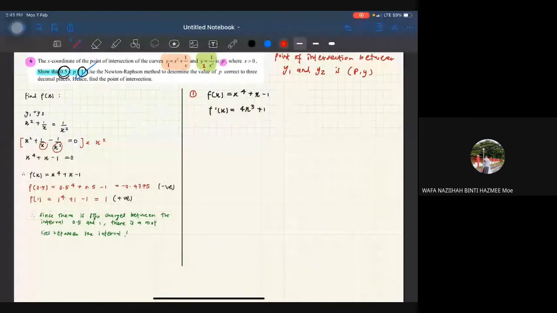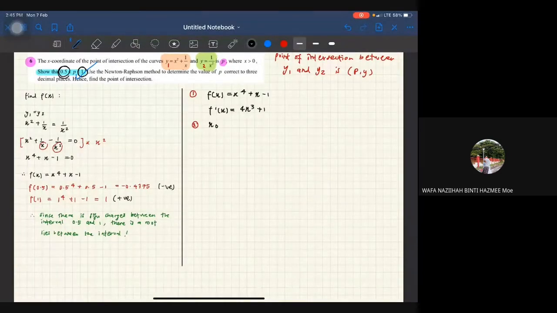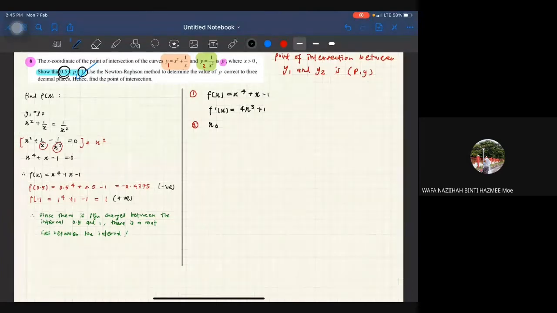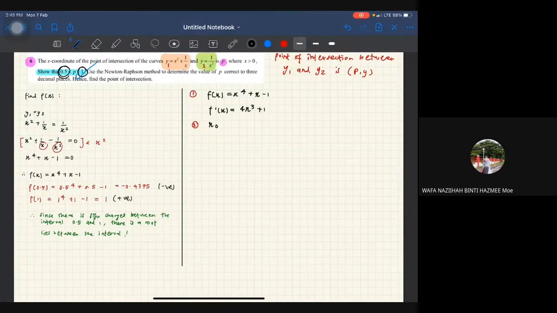Alright, so second step. Awak mesti ada x naught. You need to have an x naught, an approximate value yang berada di antara interval yang awak dah cari tadi. Okay, so apa awak nak guna sebagai awak punya X0? Any value will be that lies in between 0.5 until 1. Siapa nak bagi saya value tu? 0.7.